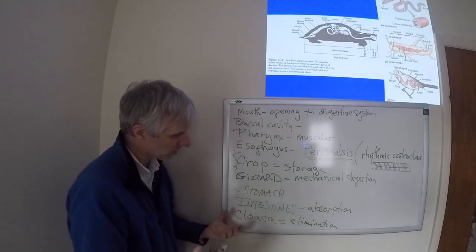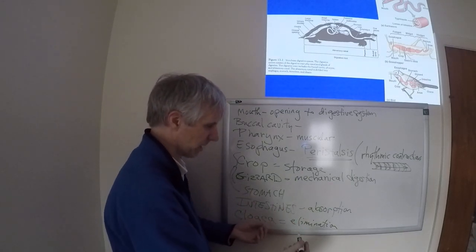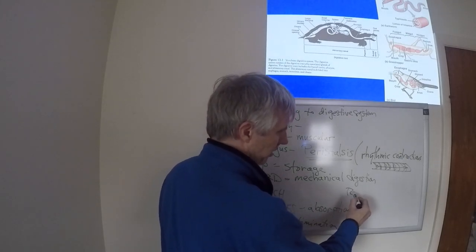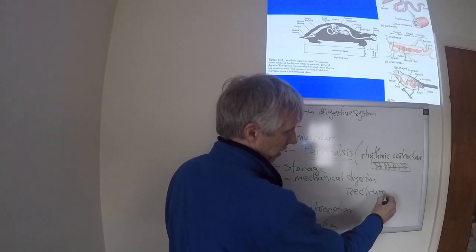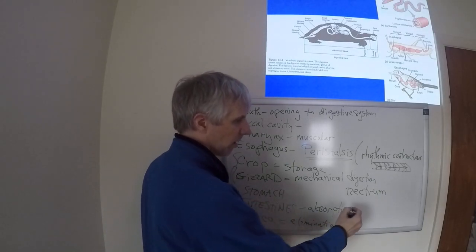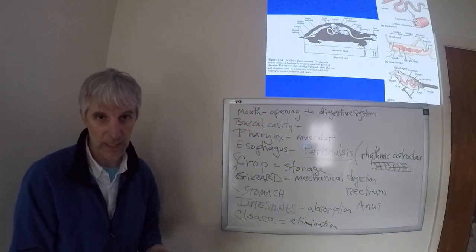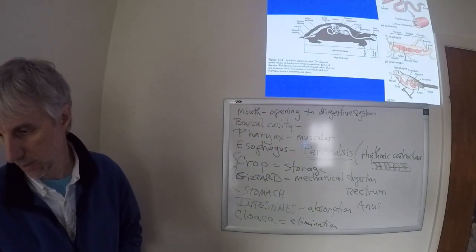In mammals, the urogenital system and the digestive system are separate. So for us, instead of a cloaca, we would have this compartment called the rectum that can store material up and then eliminate it all at once out through the opening, which would be called the anus. Okay?